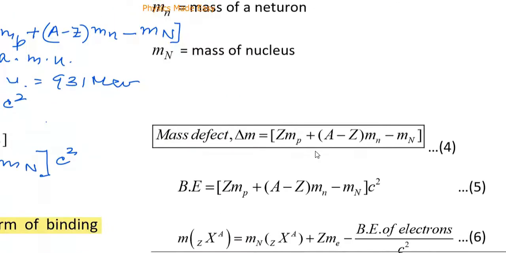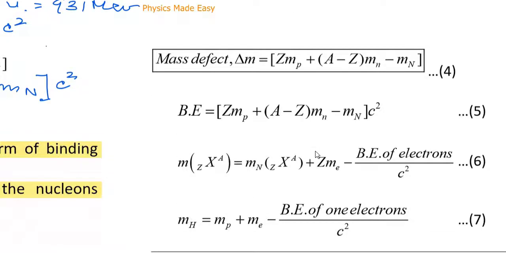And now in the next part, I shall be writing the binding energy of an atom. Now we are going to write here the relationship I have just written above.